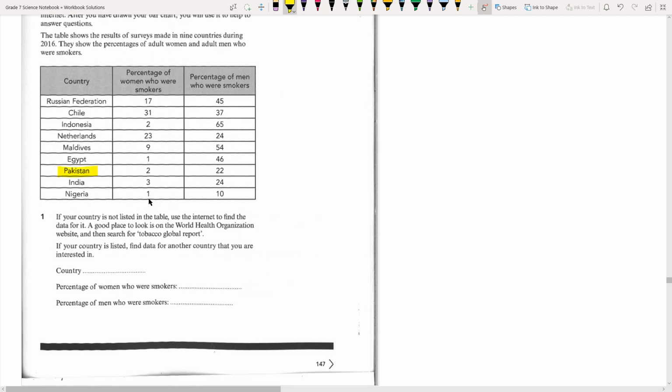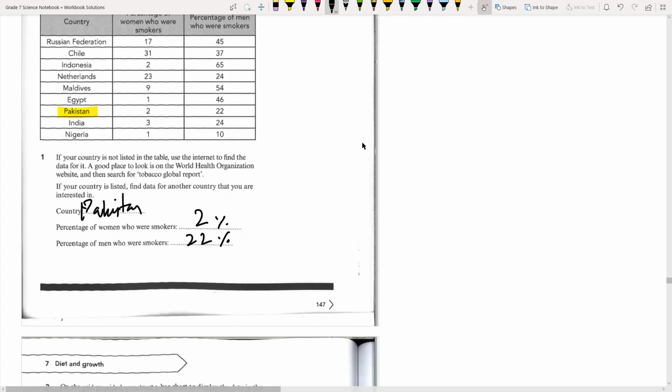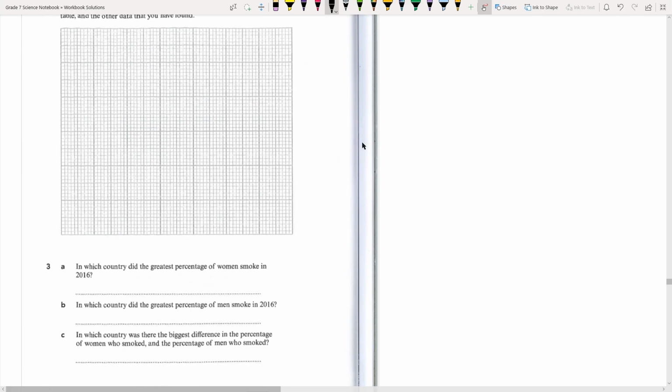Your country is going to be over here, Pakistan. The percentage of women who are smokers is 2%, and the percentage of men who are smokers is 22%. And then we're going to just draw it out.